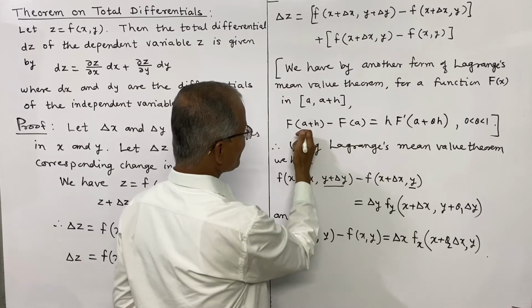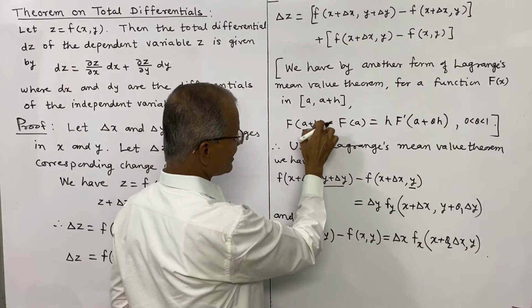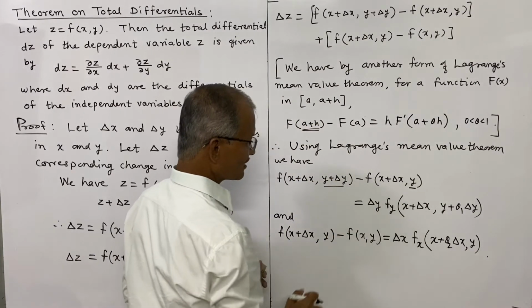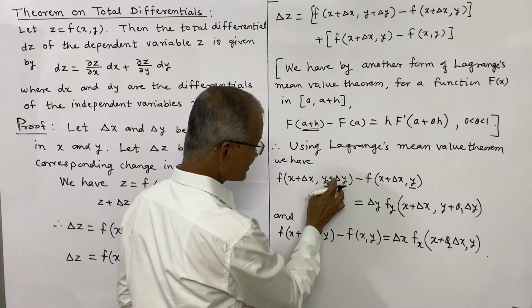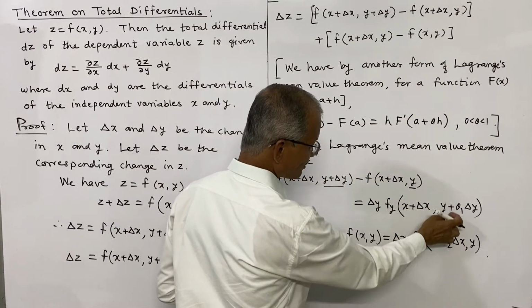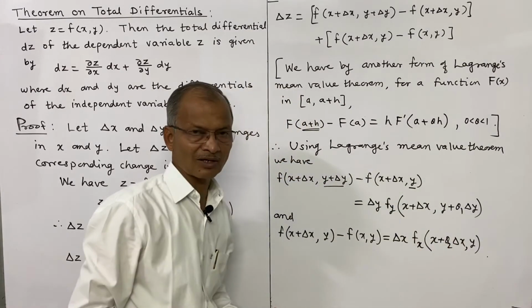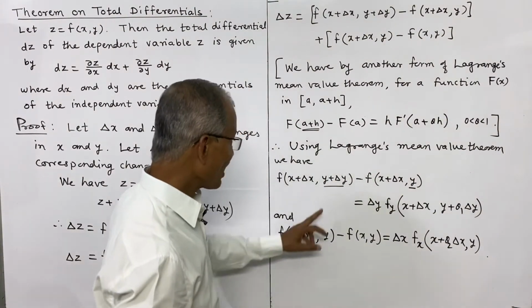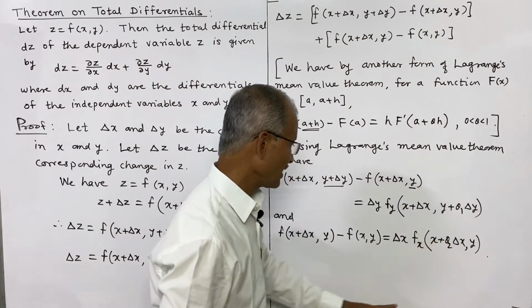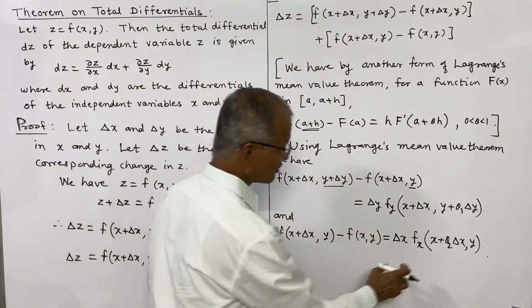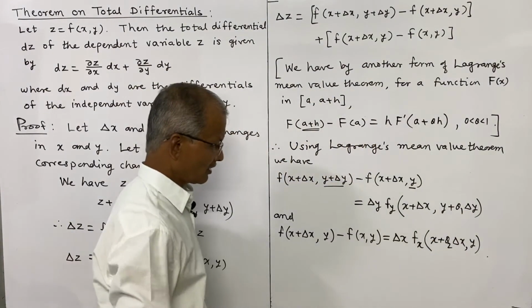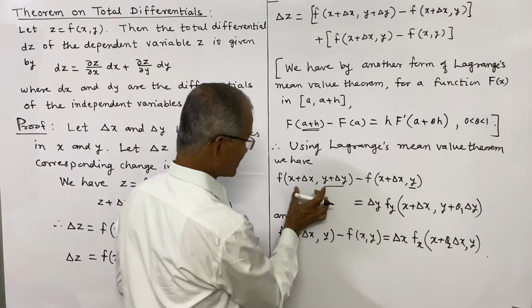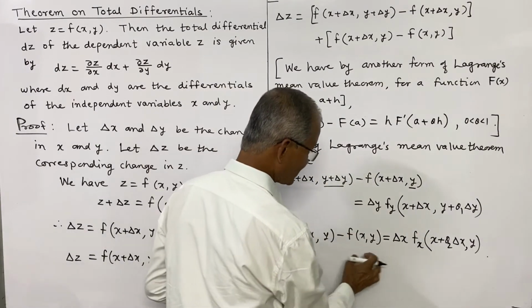Similarly we have written y plus theta 1 delta y, because we have to write two results, and therefore we have used the notations theta 1 and theta 2. So y plus theta 1 times delta y, and here x plus theta 2 times delta x, and here x plus delta x remains fixed, there y remains fixed.